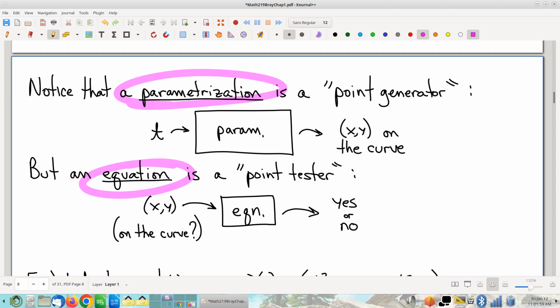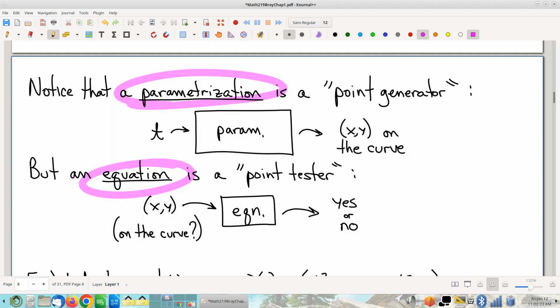They're both algebra that we write down to describe curves. That's true, but they do so in very different ways. And it's very important to make a conscious, fully aware assessment of how they are different, how they describe curves in these different ways.